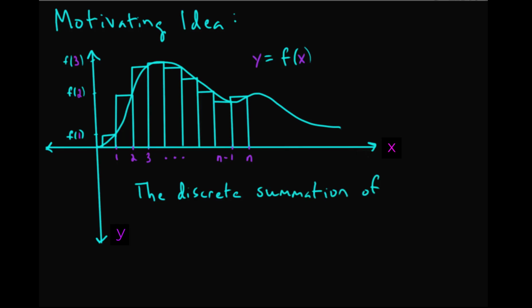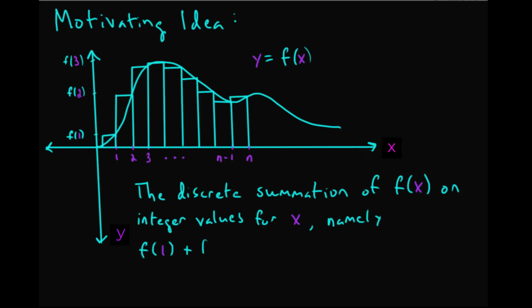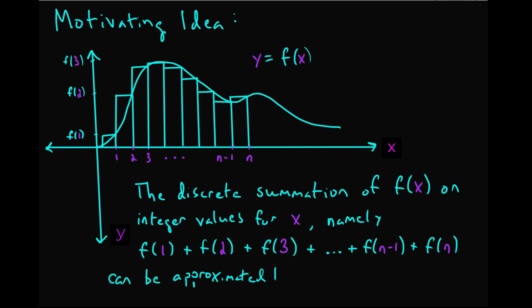And then we know from calculus that the discrete summation of f of x on these integer values, f of 1 plus f of 2 plus f of 3 plus ... and so on, all the way up to f of n minus 1 plus f of n, is a rough approximation of the definite integral of the function f of x dx from 0 to n.